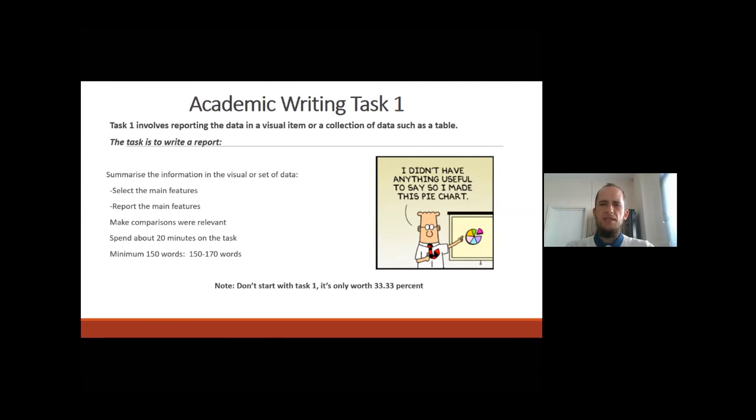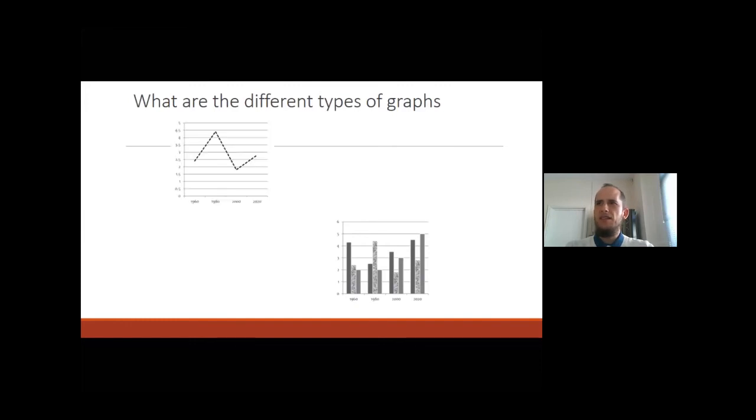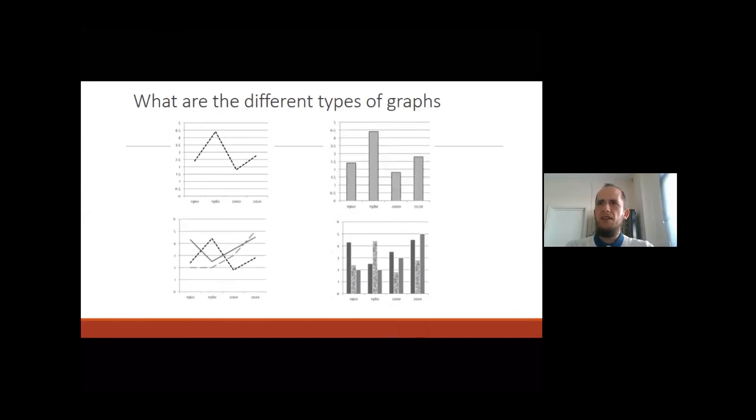So let's move along and have a look at some of the different types of graphs that we can be faced with. As you can see, there are various graphs that you might come across in your writing part 1.